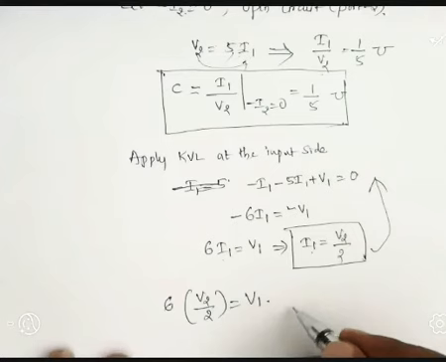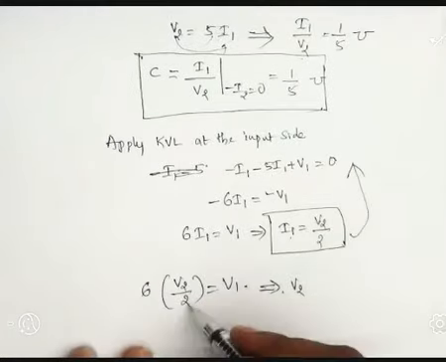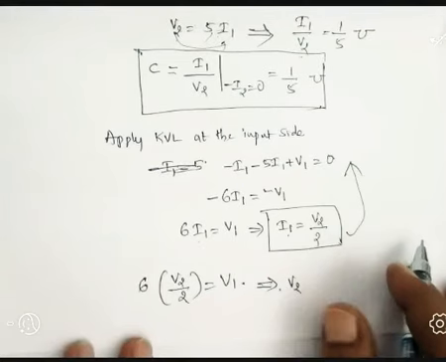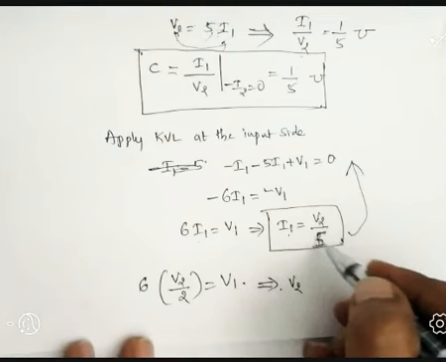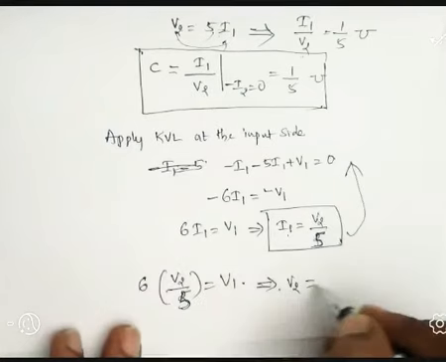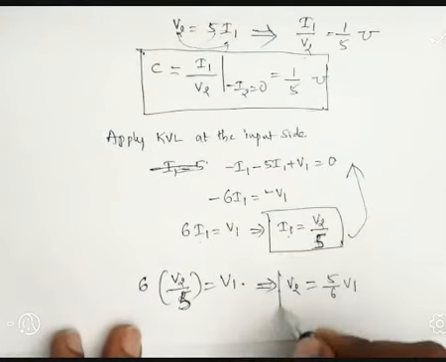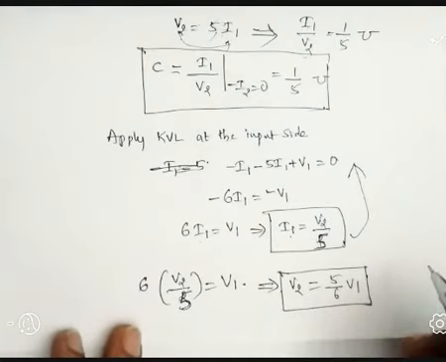Sorry, it is 5, not 2. Next, V2 is equal to 5 by 6 V1. Hence, we got V2 equal to 5 by 6 V1.